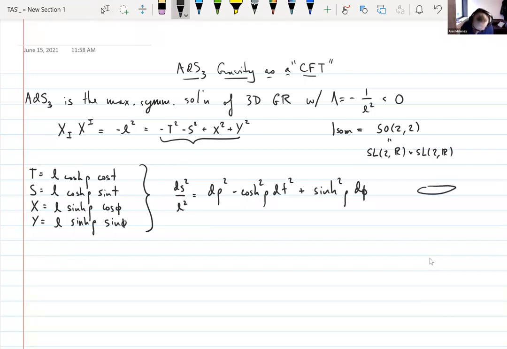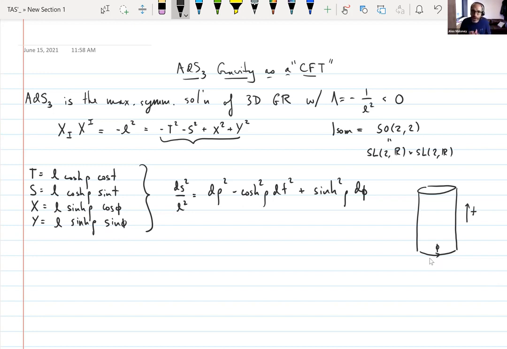You should really think about AdS3 as a solid cylinder. Okay. So here, the angular coordinate phi is the spatial coordinate. T runs vertically in this picture. And you should think of AdS3 as a solid cylinder that you get by filling in this t-phi cylinder that I've described here.